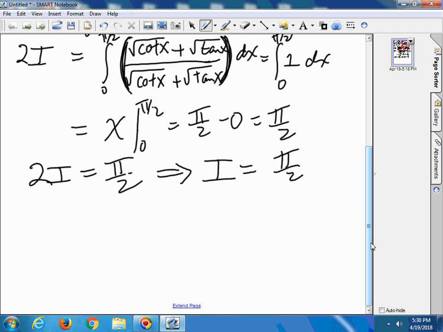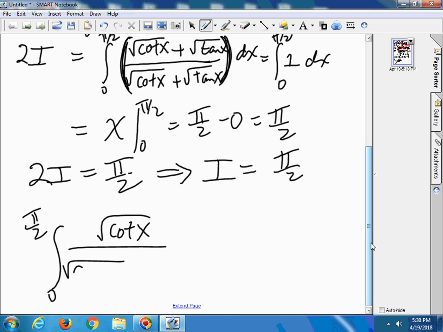That is the original integral, the integral from 0 to pi over 2 of the square root of cotangent x over the square root of cotangent x plus the square root of tangent x dx.